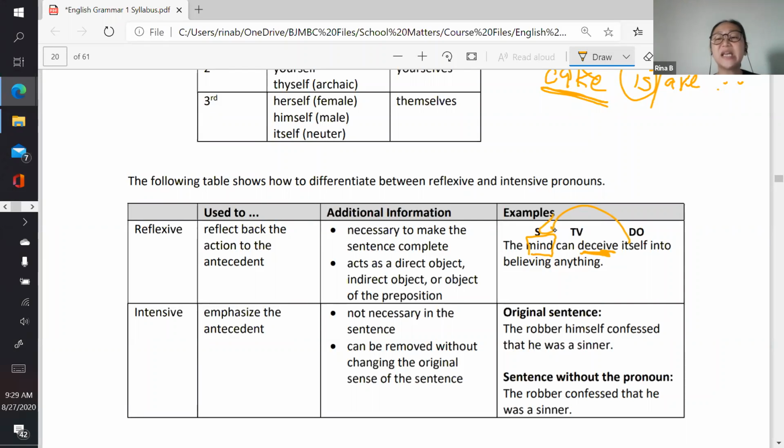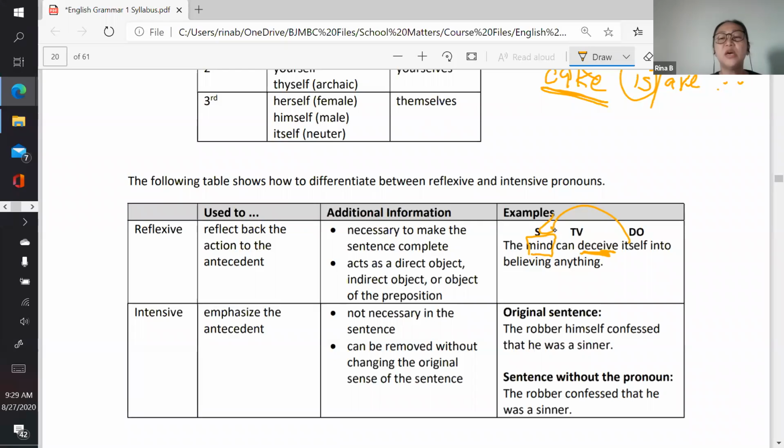Because if you say the mind can deceive it, the it will be referring to something else, not the word mind. Yeah? But if you say the mind can deceive itself, then you know that the pronoun itself is referring to the word mind. Yeah? So you can say, I am angry with myself, right? The anger is going back to the subject I. Okay?